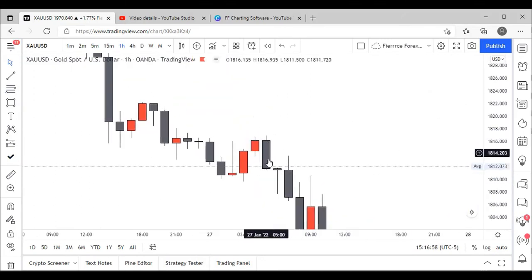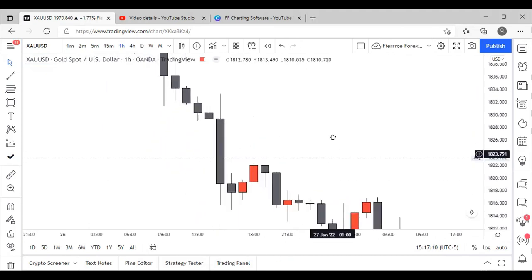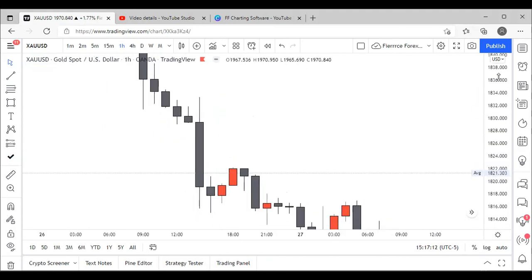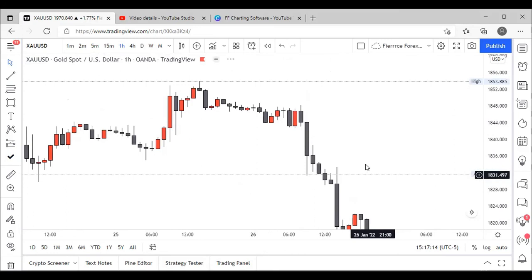Here we see a bearish engulfing candle. Actually, this is just a bearish engulfing because this is a bearish candle. If it was a bullish candle with the low below, then we would be looking at the low below close candle.